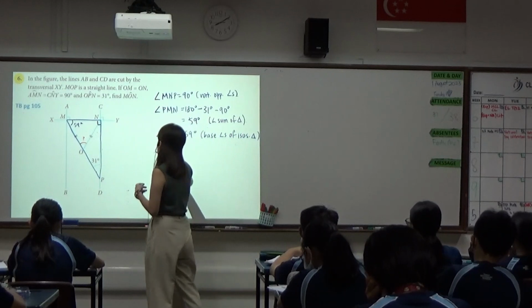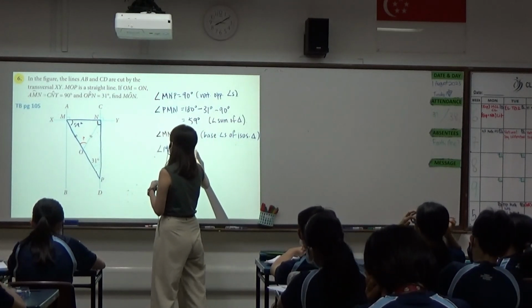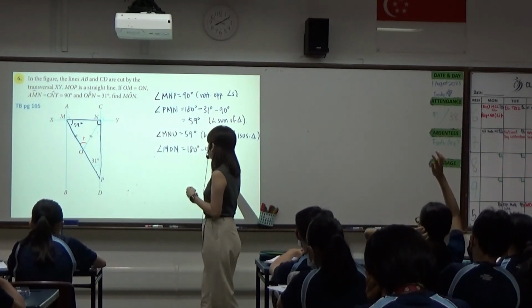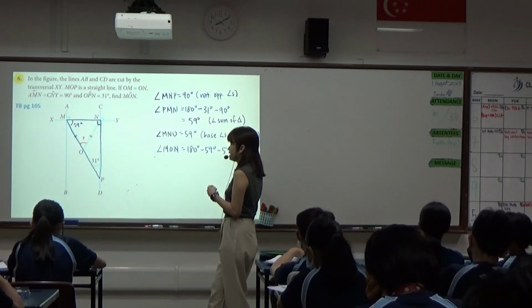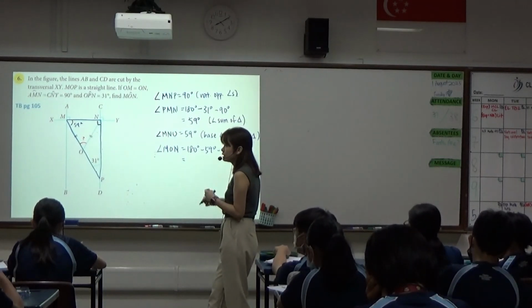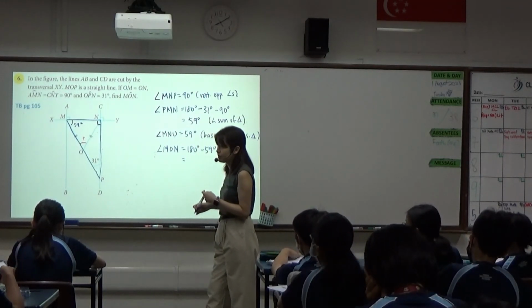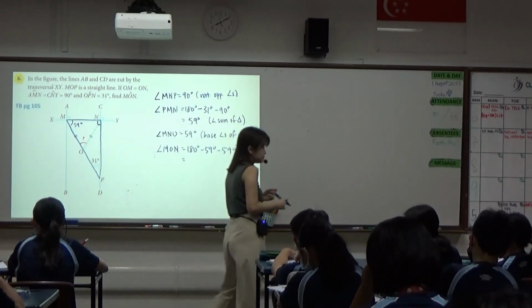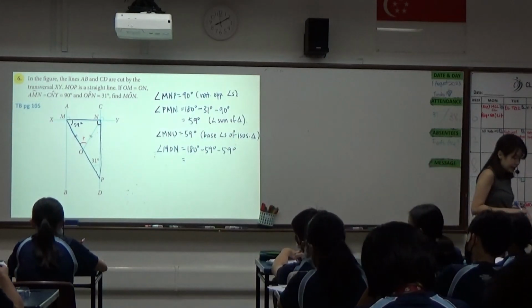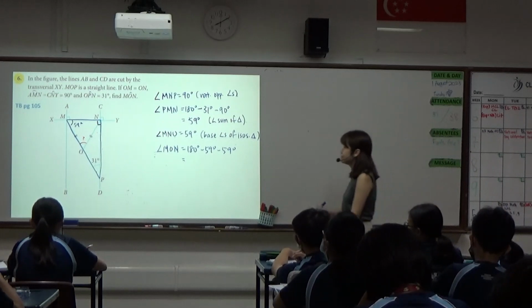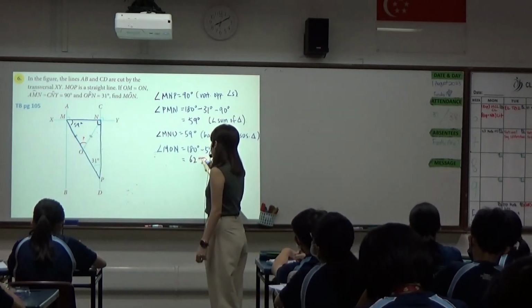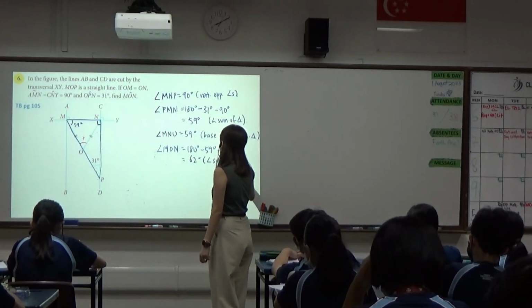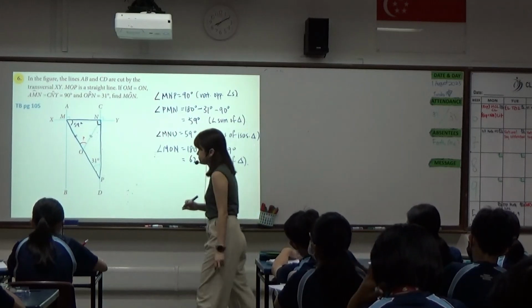Okay, and then we can find out what is the unknown. And then we will get 64 degrees, angle sum of triangle. Okay, thank you very much.